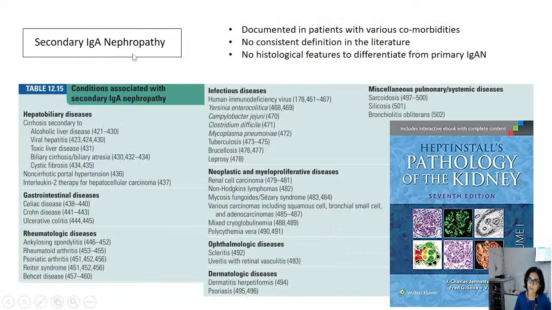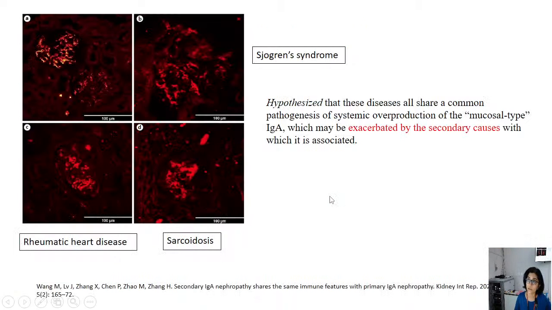Now, if we come to secondary IgA nephropathy, for the pathologist, this also becomes important because there's a host of diseases which get associated with IgA nephropathy, various comorbidities, with no consistent definition in literature, and we have no histological features to differentiate primary versus secondary IgA nephropathy. And you can see this whole list of diseases which we learn as we go through our regular texts.